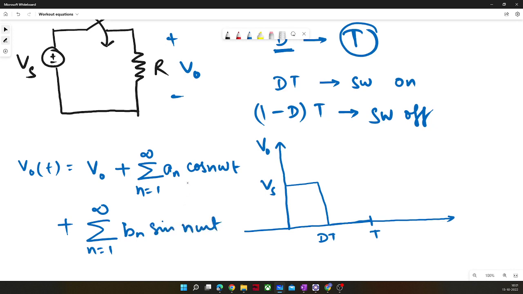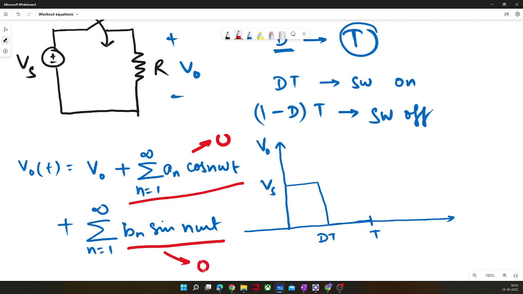If the waveform is odd, then the cosine expression will be zero, or absent. And if the waveform is even, then the sine expression will be absent.